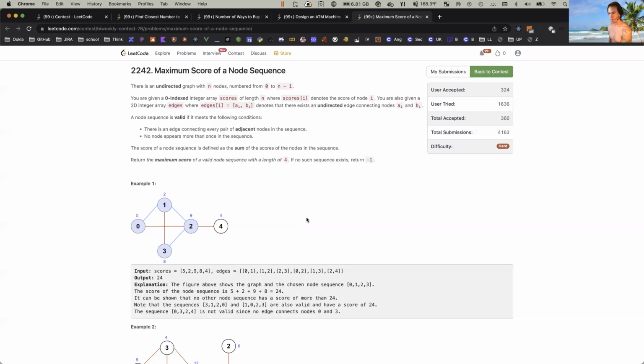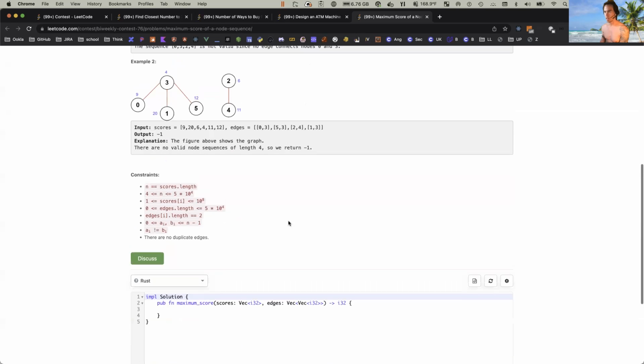I think a greedy algorithm is probably what we're aiming for, right? It makes sense for the source to be the score with the largest value, I would think.